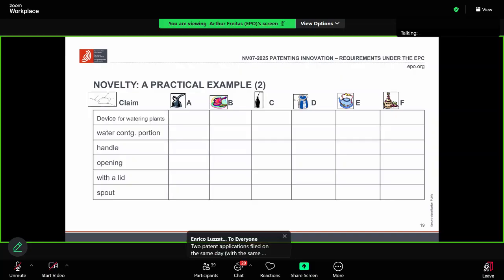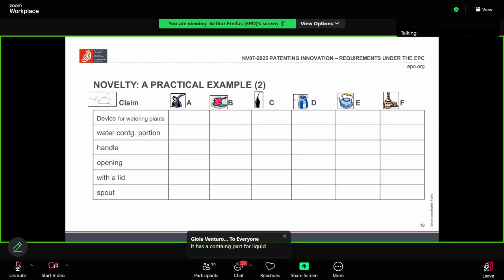Indeed, when we as patent examiners read a device for something, or a composition for something, or an apparatus for something, we need to read this very broadly. Our guidelines say that when we read a device for something, or an apparatus for something, what we're really reading is a device which is suitable for something.